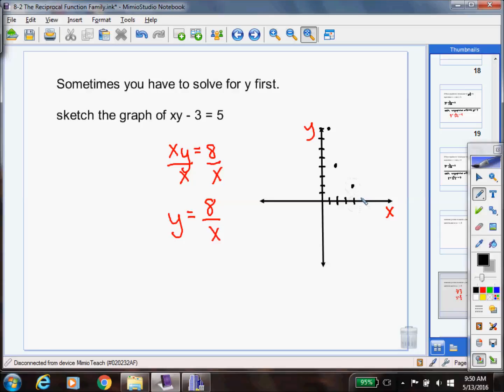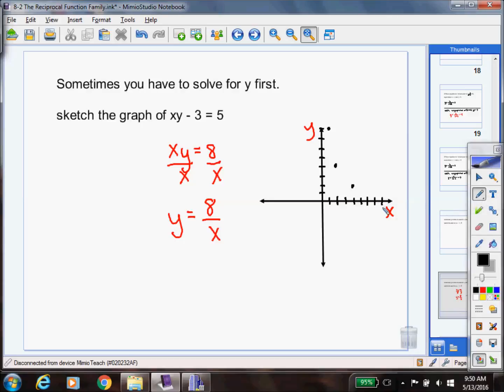And then finally, when x equals 8, 8 times 1 equals 8. So once again, 8 divided by 1 also is 8. So the ordered pair 8, 1 would be our last point on the positive side, just to get the shape.